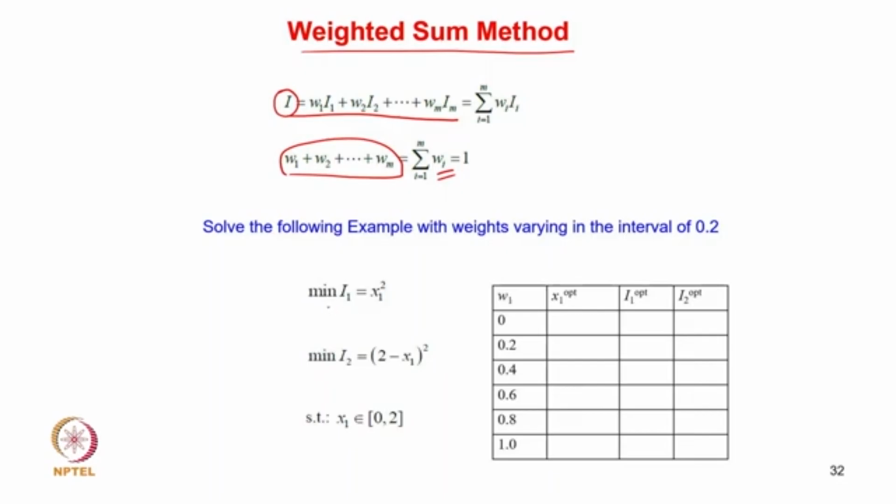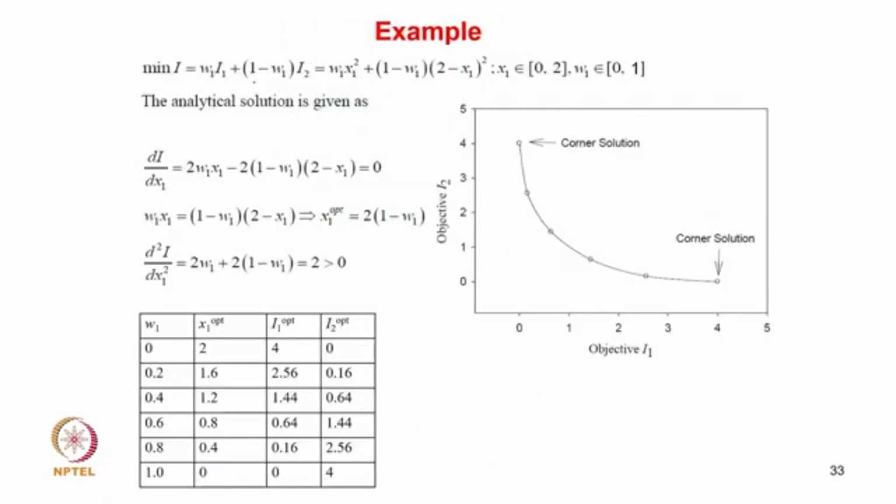If you take a simple example of minimization of I1 equals x1 squared, and minimization of I2 equals (2 minus x1) squared, with x1 varying between 0 and 2, then we can combine both these objectives using weights. The first weight will be w1, and the second weight will be 1 minus w1. If we differentiate this equation with respect to x1, the optimum x1 comes to 2 times (1 minus w1), isn't it?